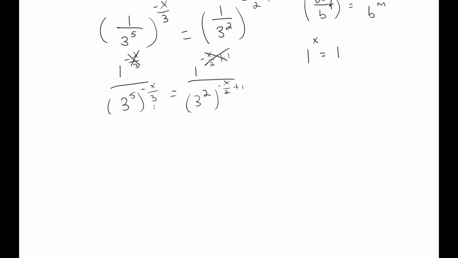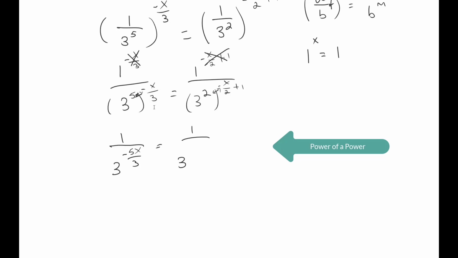Nothing will change there. So we are left with 1 to the, and on these denominators, we have the power of a power property. So we're going to multiply both of our exponents on both sides. And that's going to give me 3 to the negative 5x over 3, which is equal to 1 over 3 to the negative 2x over 2 plus 2.